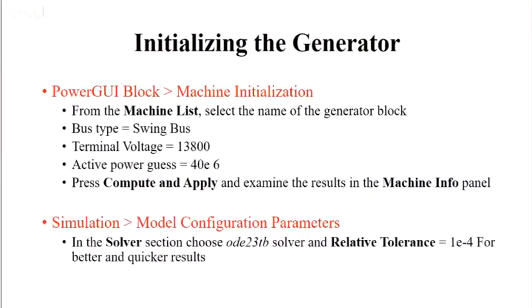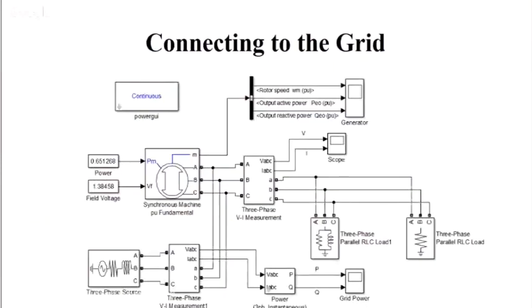The next one is if we want to connect our whole system to the grid. So we have a one per unit machine fundamental, and we have a three-phase source also there. If we connect a three-phase source, it will act as the swing bus or slack bus. Then we can select the synchronous machine PU fundamental as a PQ bus or PV bus with respect to our requirement.